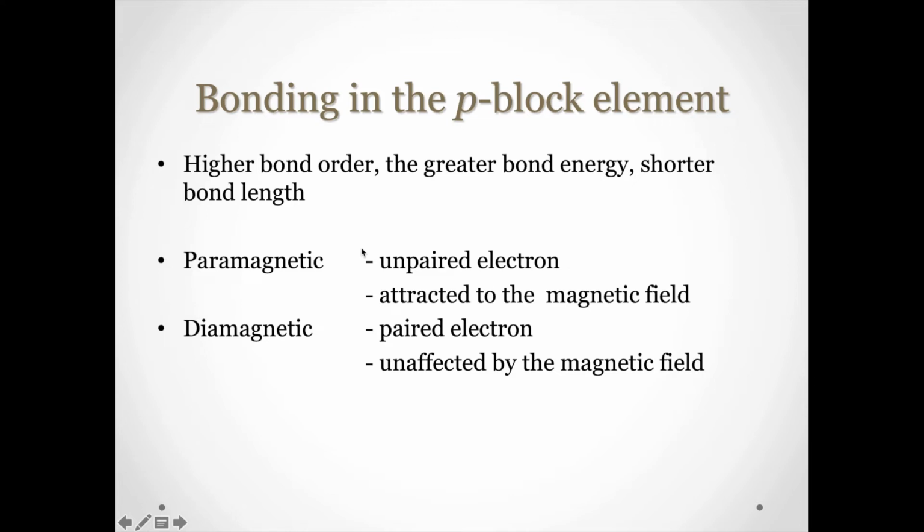Paramagnetic is where you find an orbital with unpaired electrons, so they are attracted to the magnetic field. While diamagnetic is where you find an orbital with paired electrons, and they are unaffected by the magnetic field.